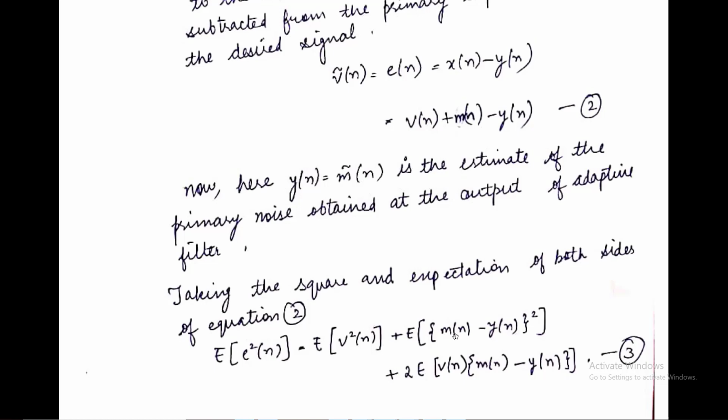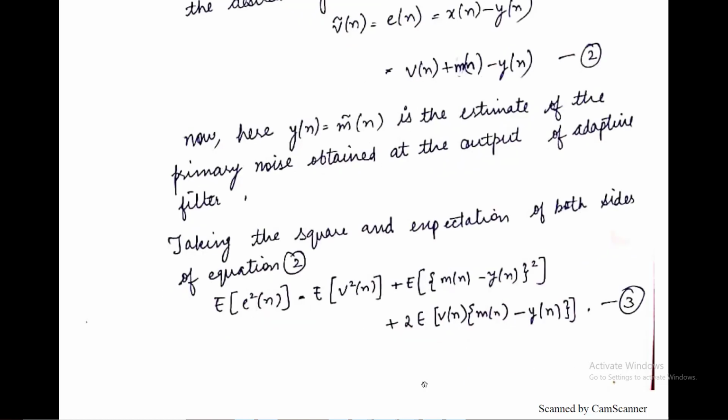We have taken Vn as one signal, let's suppose A, and Mn minus Yn as B. So we are using the formula of A plus B whole square. So A square plus B square plus 2AB, and we are keeping the expectation operator. So this is equation number 3.